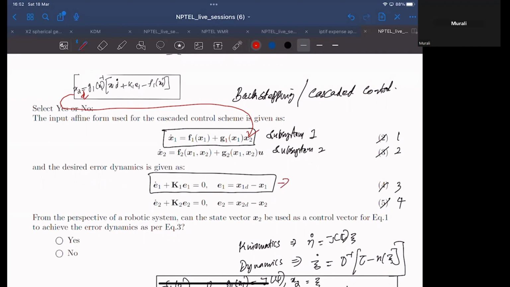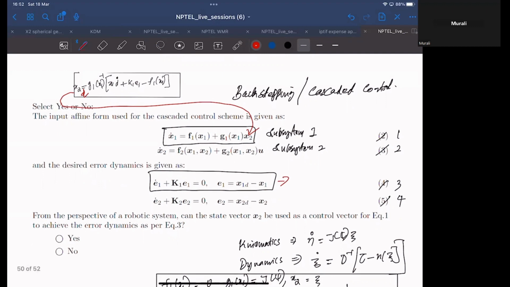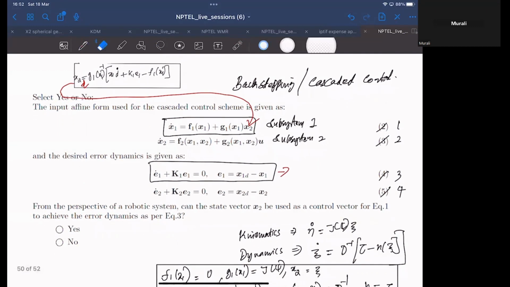Now, using the second subsystem and its error dynamics, we would ensure x2 desired minus x2 tends to 0 as time tends to infinity.